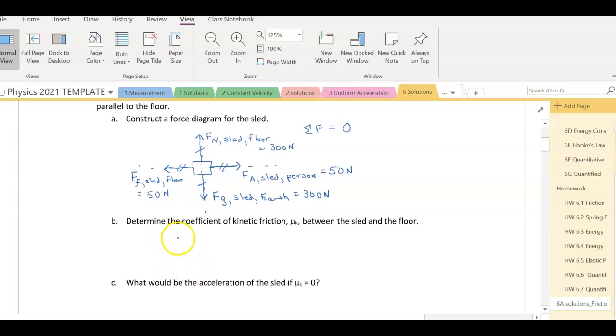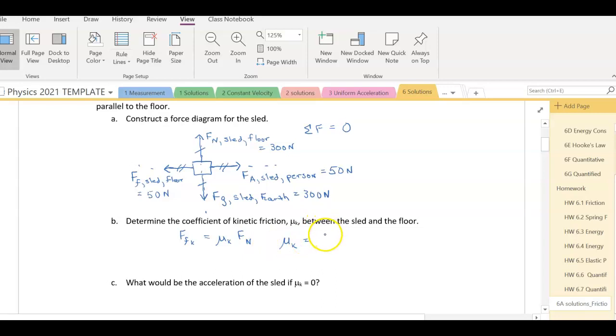I'm going to start by writing the equation. The kinetic friction force equals the coefficient of kinetic friction multiplied by the normal force. I know both the friction force and the normal force, so I can solve for the coefficient of kinetic friction.